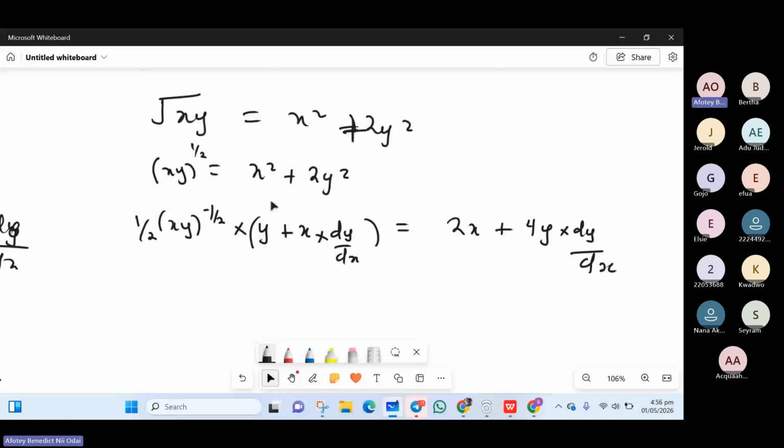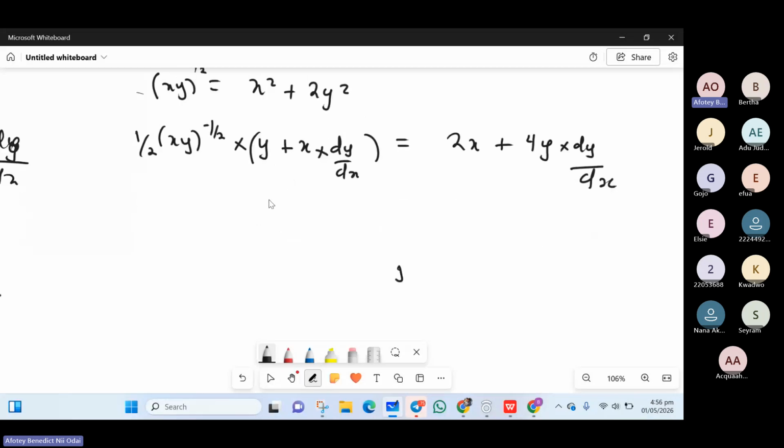So with this part, the left hand side, using a product rule, let's see. So let's try using a product rule. You can actually use a product rule to solve root of xy. Okay. So let's try it and see.